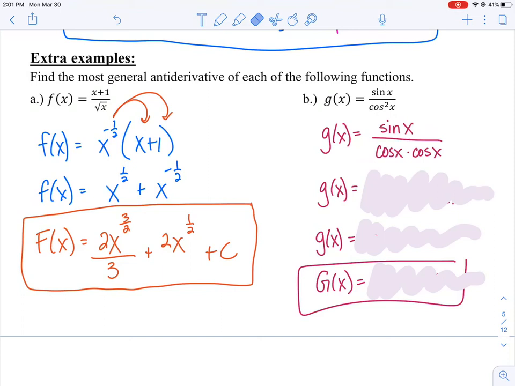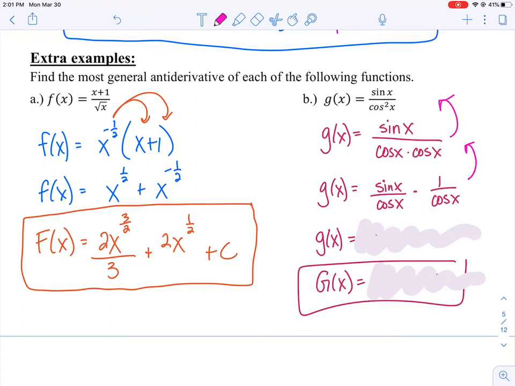Well, I noticed that I actually have two cosines on the bottom. Cosine times cosine is really the same thing as cosine squared, right? And so why can't I separate them instead of putting them together? But then I also noticed that now I can rewrite this problem as a sine over cosine times 1 over cosine. That's the same as this, which is the same as my original.